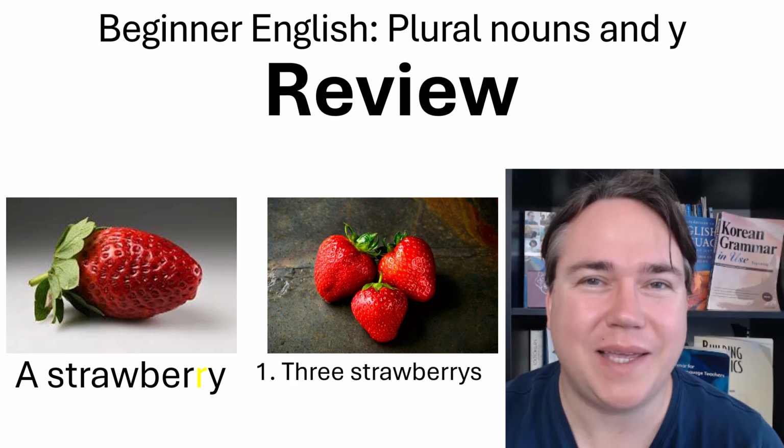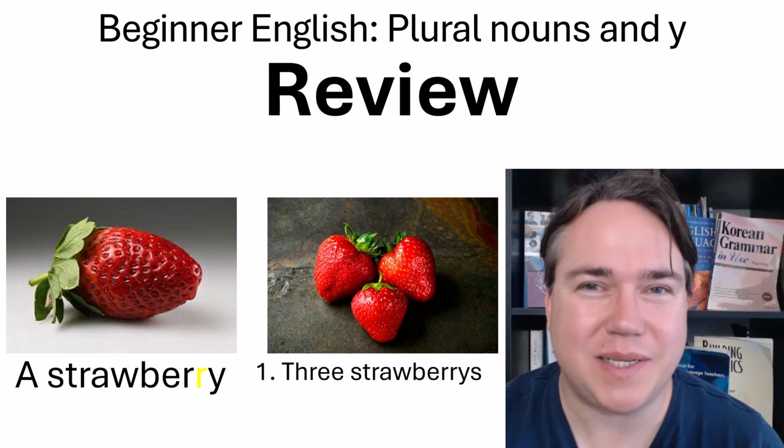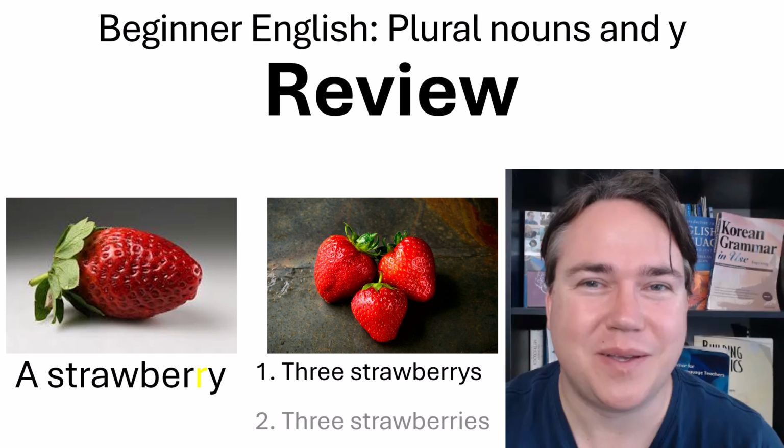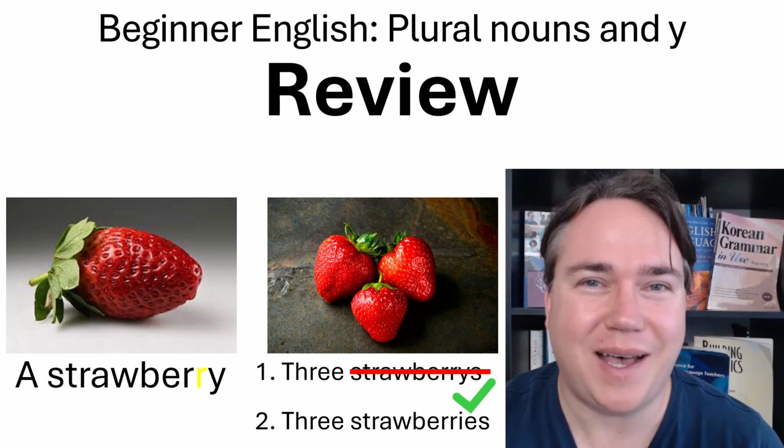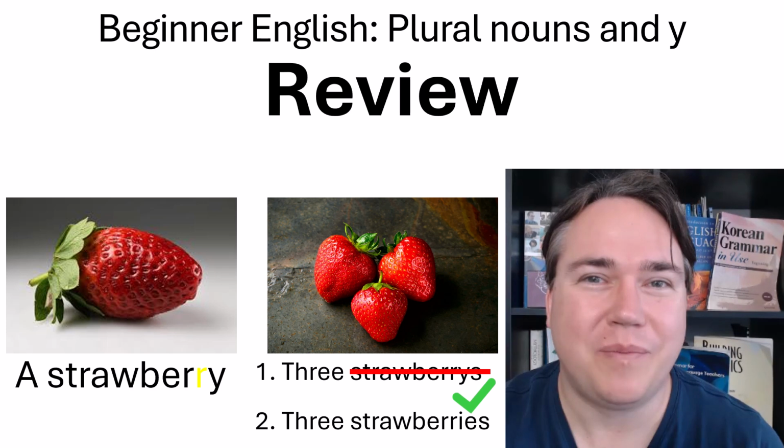Do we say just add S, or do we remove the Y and add IES? If you said option 2, you're 100% correct. R is a consonant, and so R, consonant, and Y, we have to remove the Y and add IES.